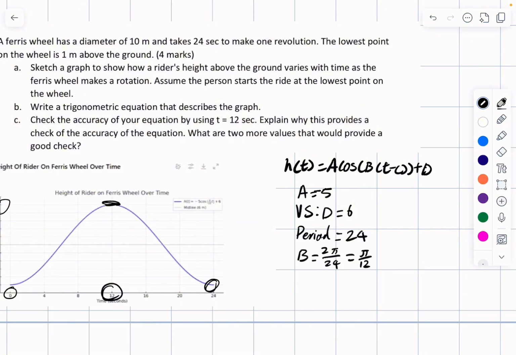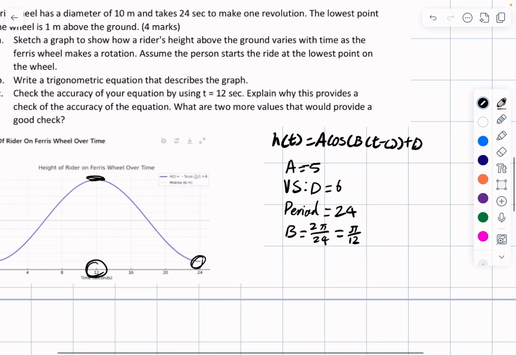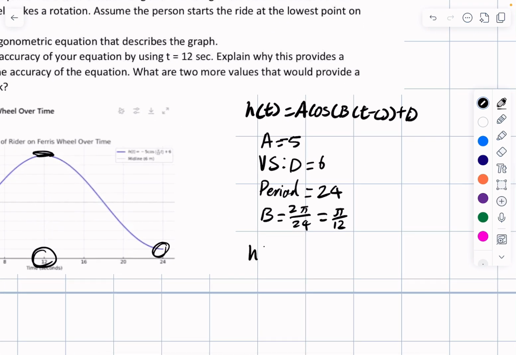So there's no horizontal shift because we start at the minimum. So adding all of these together, the equation will be -5 cosine pi over 12 t. There's no C, and plus 6.